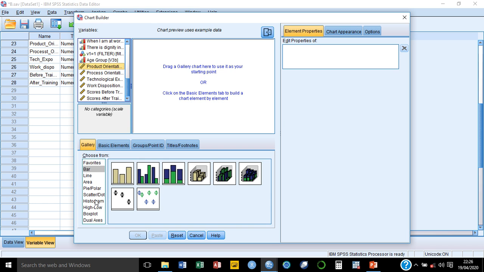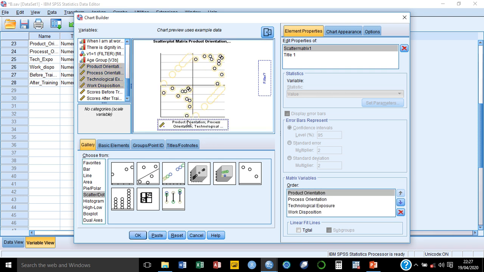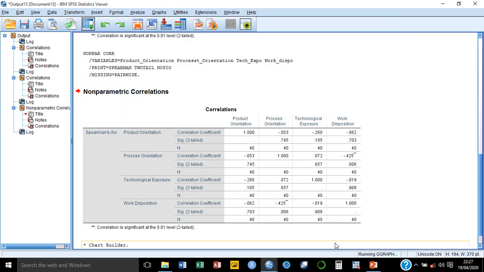Okay, scatter dot. So, product, 1, 2, 3, 4, 1 position, 4. Okay, so you can see here we had issues because we were not scaled. Okay, it's fine. I say okay.